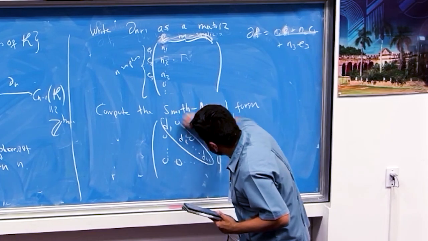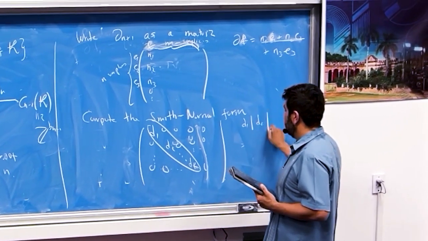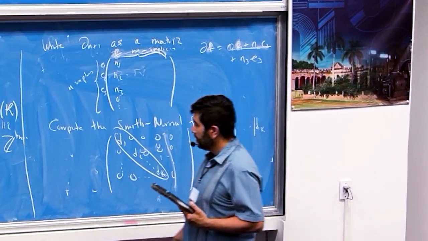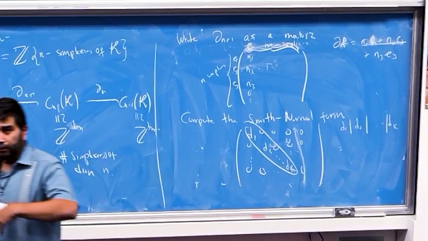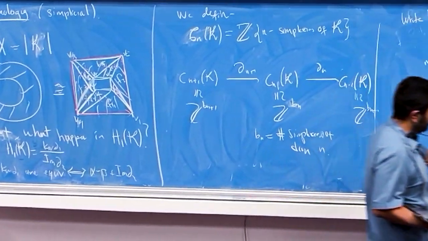But yeah, you have a diagonal here, where D1 divides D2, and so on, and divides Dk. So this is the Smith normal form, and you can compute that for every matrix using column and row operations.